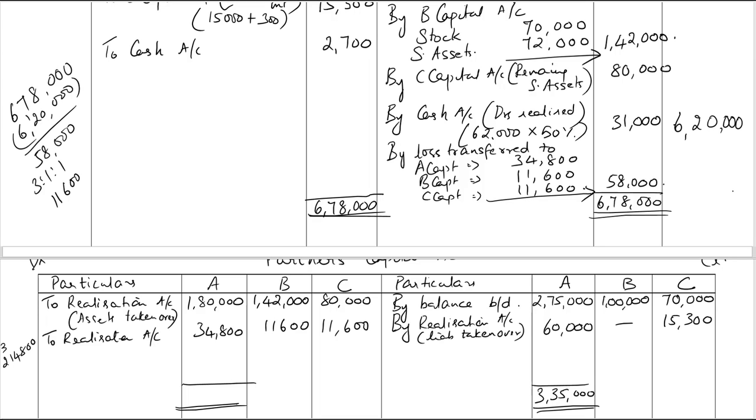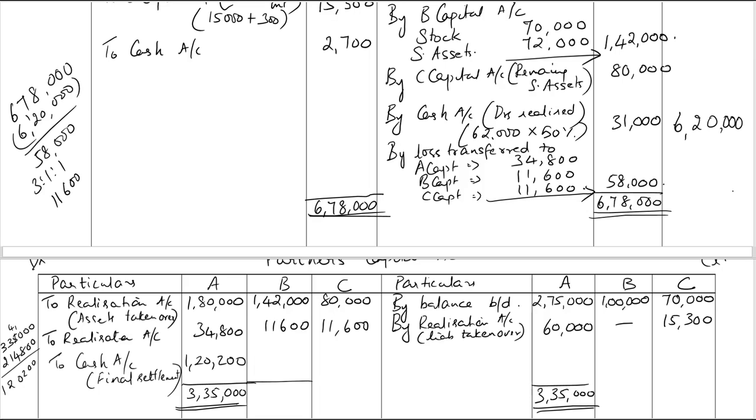After subtracting 3,35,000 minus 2,14,800, we get the amount for final settlement in the case of A as 1,20,200.